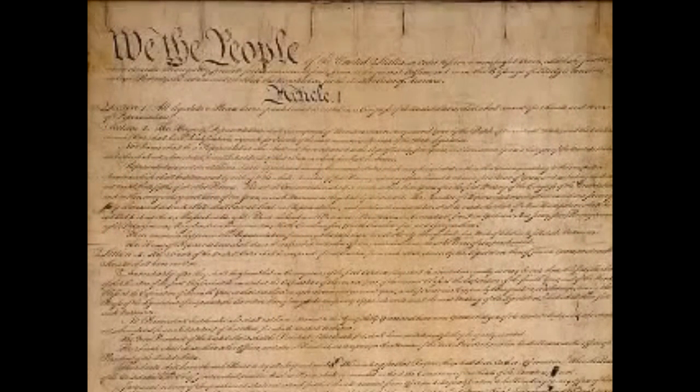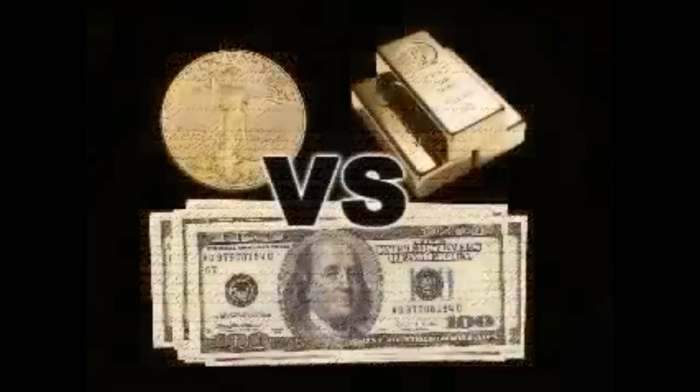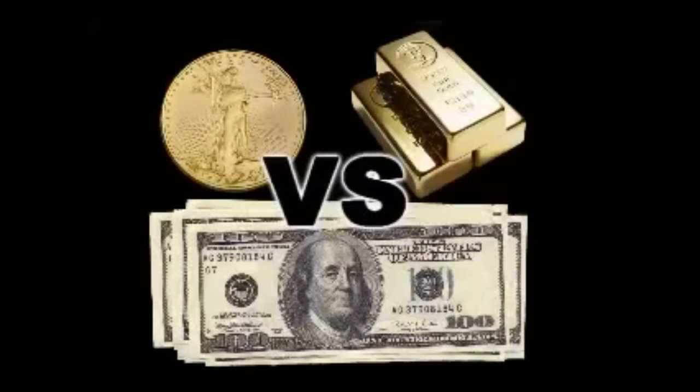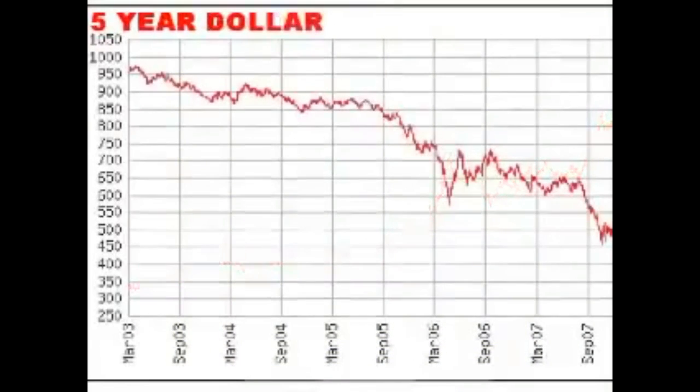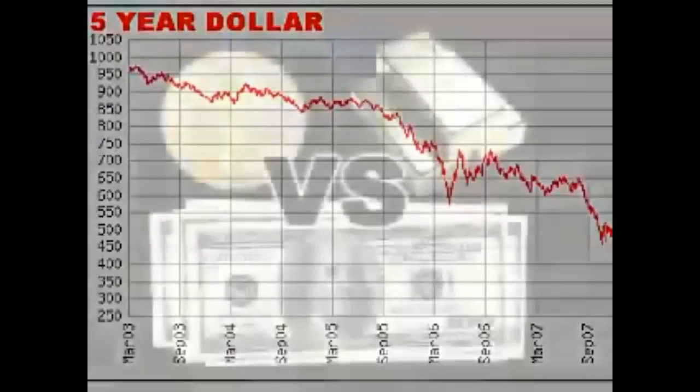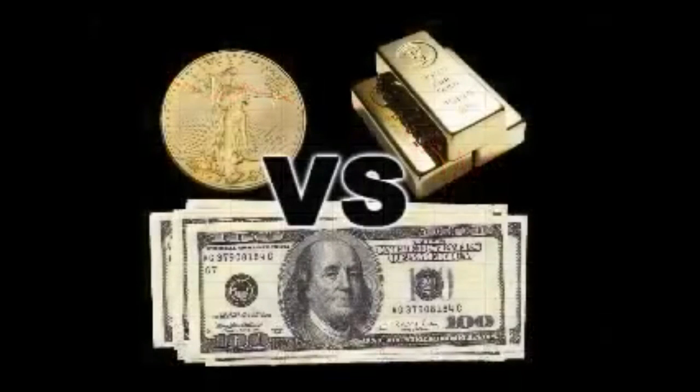What people need to understand is that the excess printing of the United States currency is just another tax on the American people. It takes the value of the dollars that they have and makes them worth less in the long run. Meanwhile, you're still making roughly the same amount of money, yet the prices for everything from gas to milk are going up constantly, when in fact nothing is really going up in price. It's the dollar's actual value that's been dropping and not prices going up. I can't emphasize this enough.